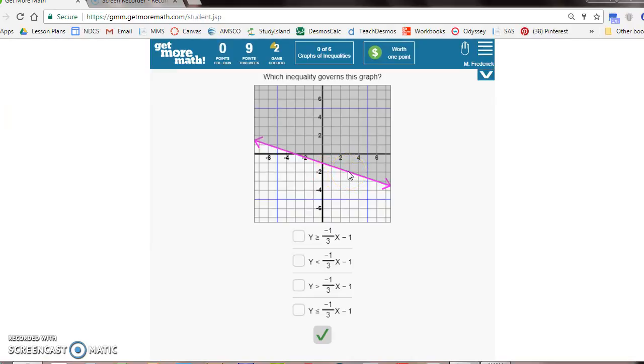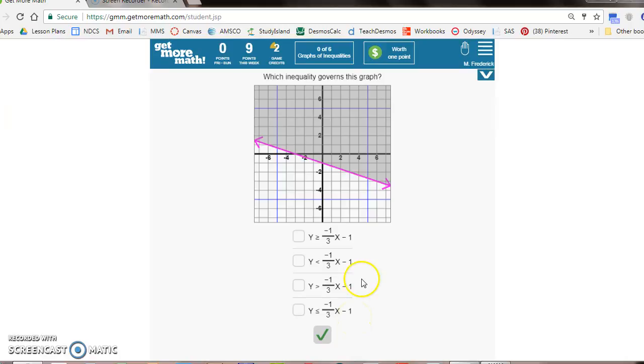So our inequality needs to be in the form of y equals -1/3 x minus 1. That's the representation of our line. However, if we note, all of these choices have the -1/3 x minus 1.